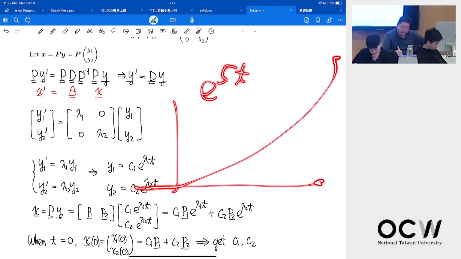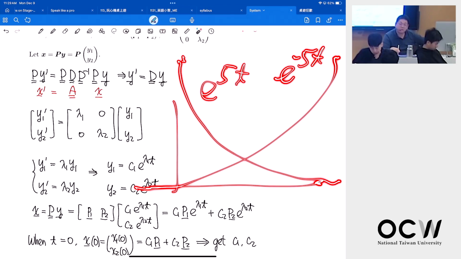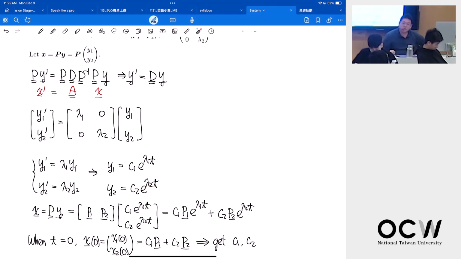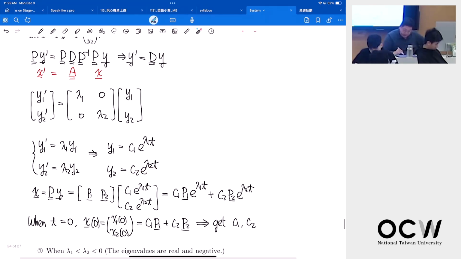E to the minus 5t, going down. And how about e to the 2 plus 3jt? Okay, let's see. I have two eigenvalues, lambda 1 and lambda 2. We have some conditions or different types.